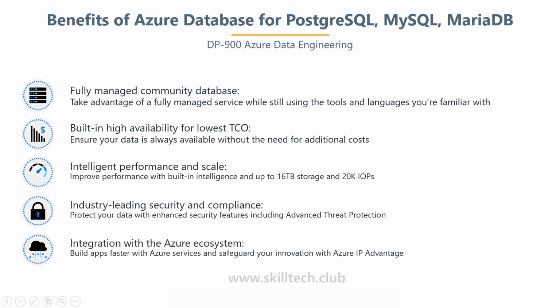Now once we are familiar with all these flavors available in Azure Data Services, then obviously we need to understand what kind of advantages we are getting when we choose one of them. Obviously all these databases which we have seen here, like Postgre, MySQL or MariaDB, are fully managed community databases. These are built for high availability.